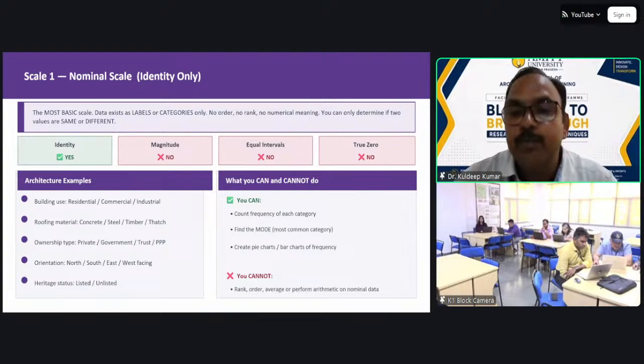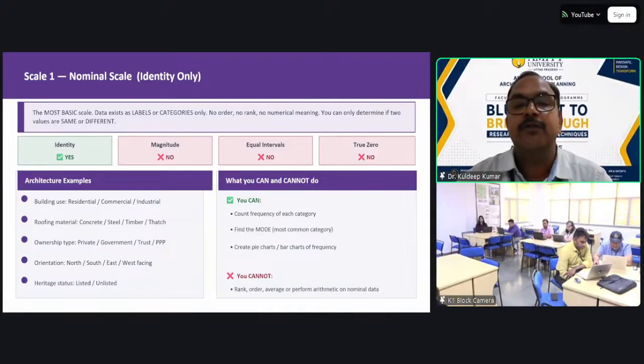You can find the mode, the most common category. You can draw charts, pie charts, and what you cannot do is, because ranking is not there, you cannot rank, you cannot calculate the mean, you cannot calculate the median, or perform any arithmetic calculation with the nominal scale data.